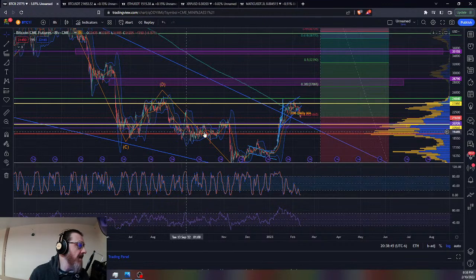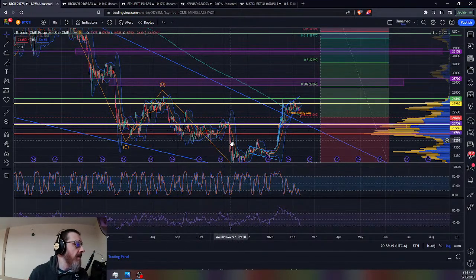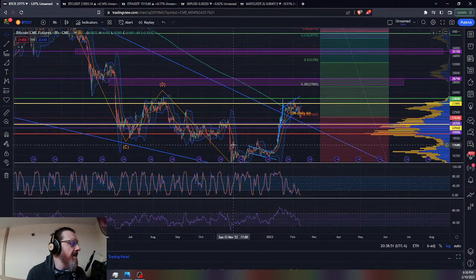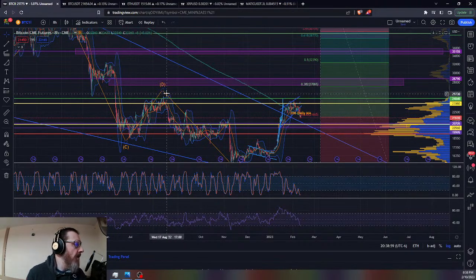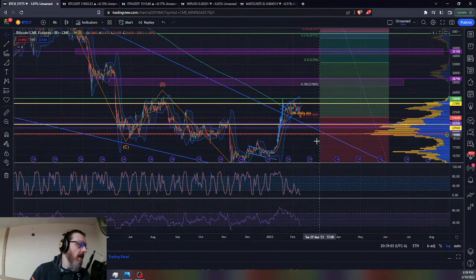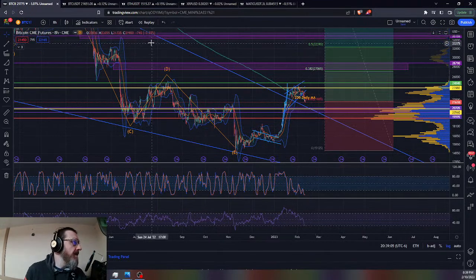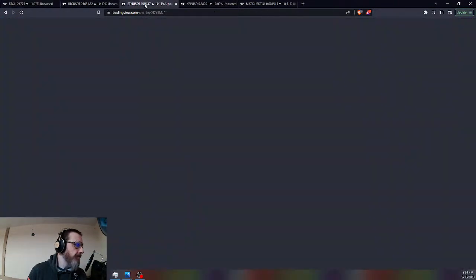We spent a lot of time in this accumulation zone before the Sam Bankman-Fried dump, and you can see a couple touch points over here on this double bottom W pattern breakout that we did have up to 25K. So that's the Bitcoin CME futures.